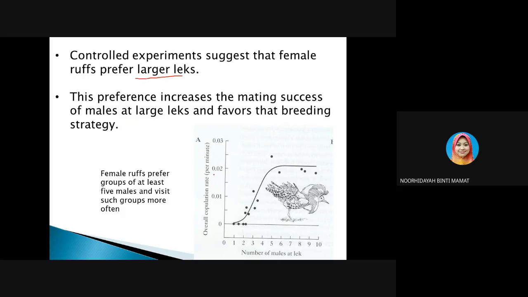As you can see from the graph, if the number of males at the leks is higher, the overall copulation rate will be high. That is why the experiment suggests that the female ruff prefer the larger leks. Larger leks mean a higher number of males.